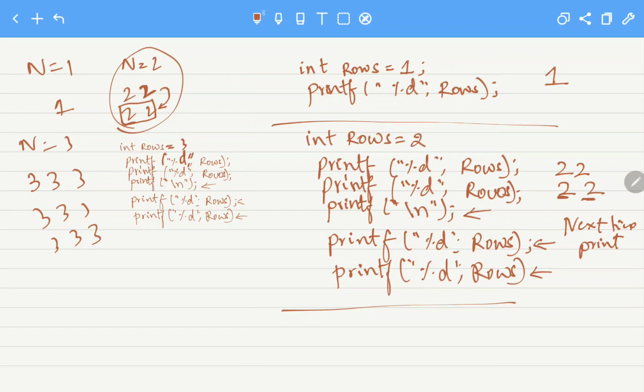I will make it as 3, and from this we are printing 3, from this we are printing 3, from this we are coming. Oh no, this doesn't work, sorry, we have to remove this line. Okay, I have to write again, that's okay. Printf, like, okay.